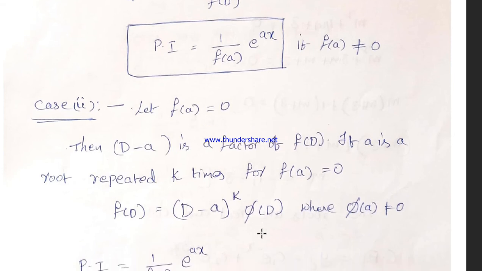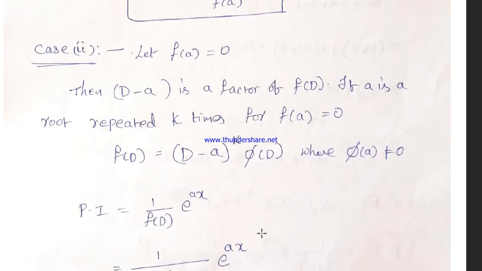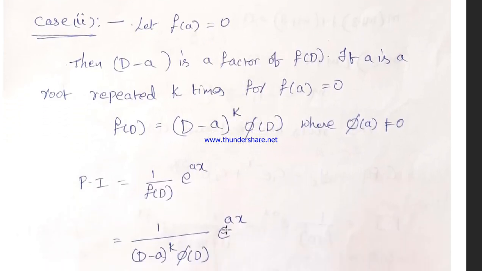In case of f of a equal to 0, you need to write f of D in the form of D minus a whole power k into phi of D, because D minus a is a factor of f of D. Here a is a root repeated k times for f of a equal to 0.